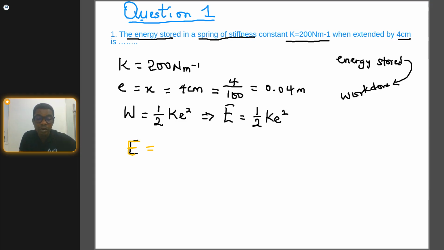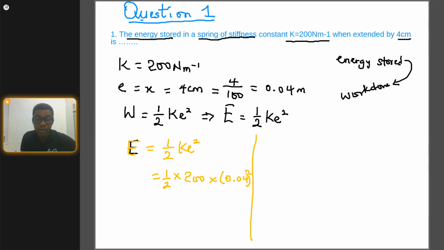So E equals 1 over 2 KE squared, which is equal to 1 over 2 multiplied by K, which was given to be 200, multiplied by E, which was given to be 0.04, all squared.